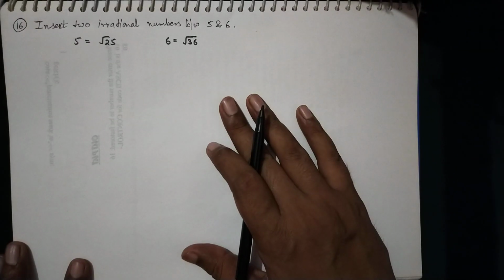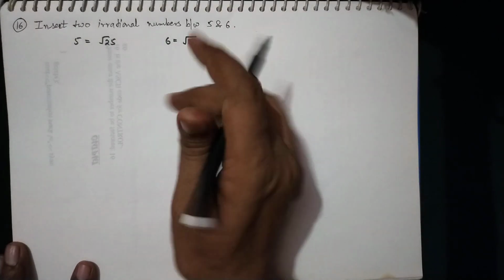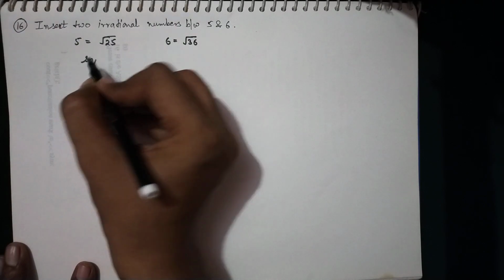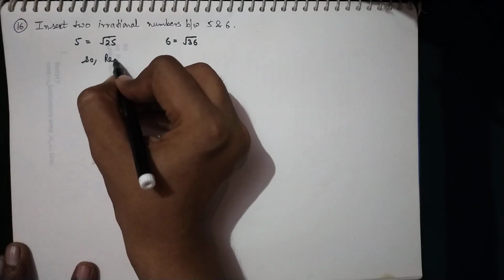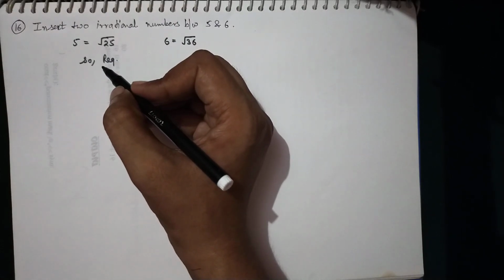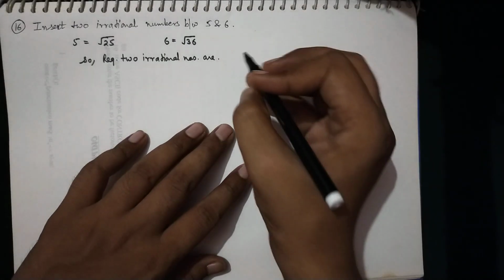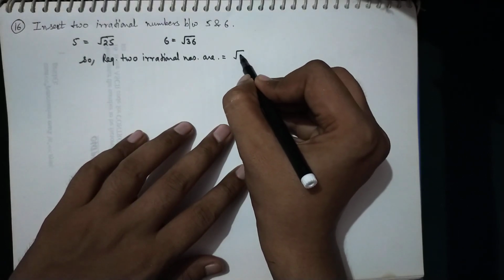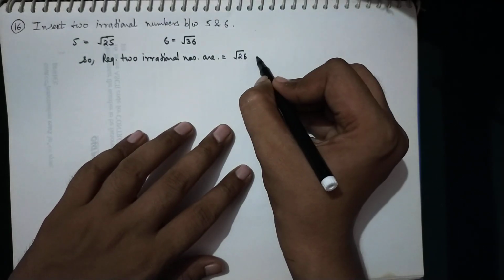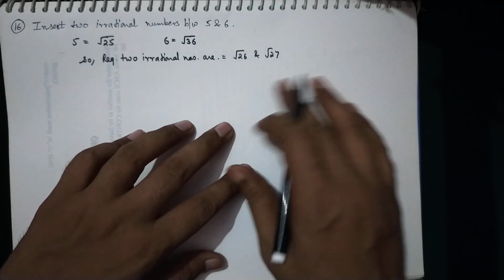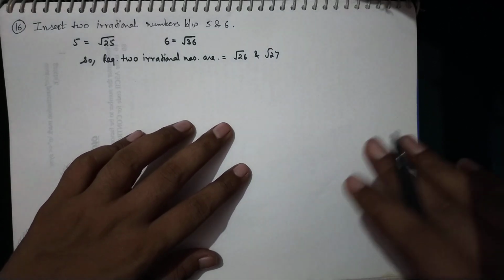Now we can write any two numbers between these two roots. So the required numbers are root 26 and root 27. Rather we can write any number from 26 to 35.